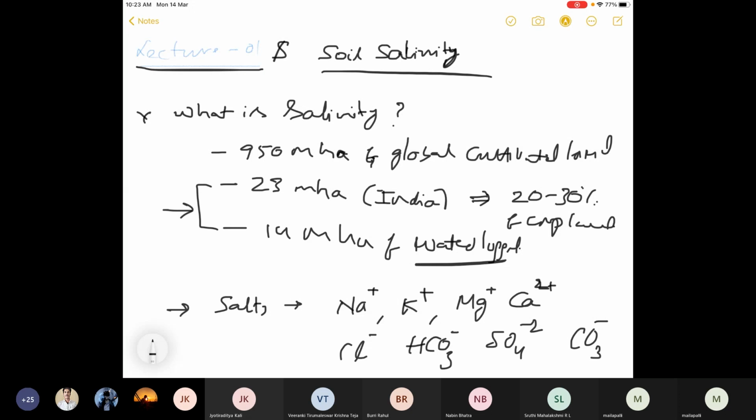If the concentration of these ions increases inside the soil, that definitely leads to soil salinity. The next question is, what are the sources of soil salinity? How is the soil getting these salts?